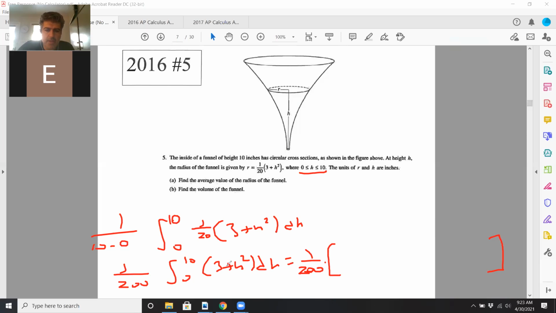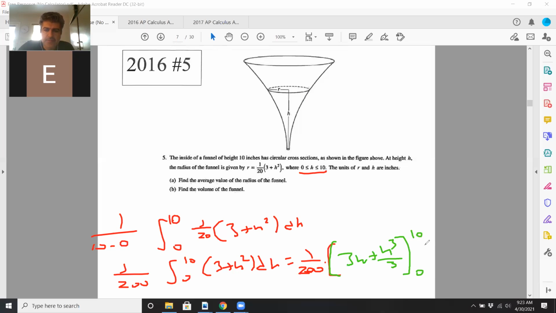So that's going to be 3h plus h cubed over 3. And of course, you're going from 0 to 10.